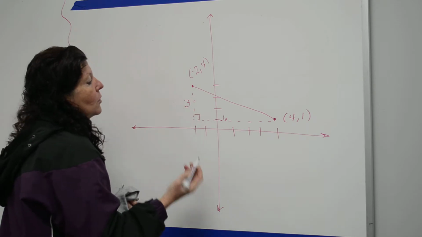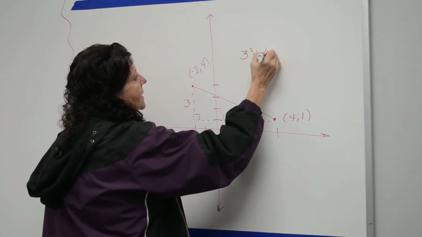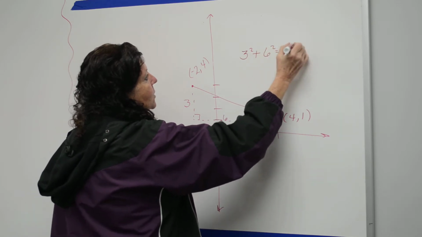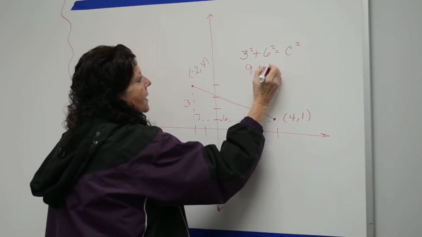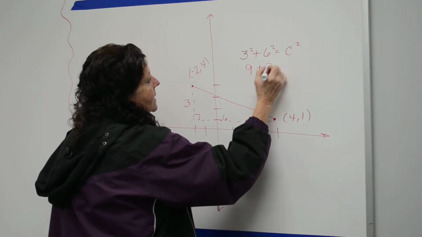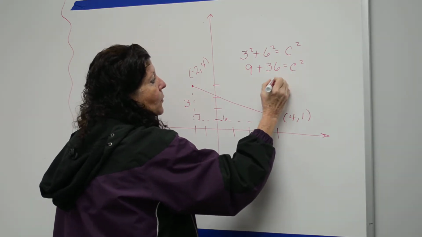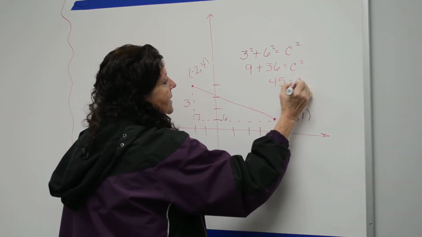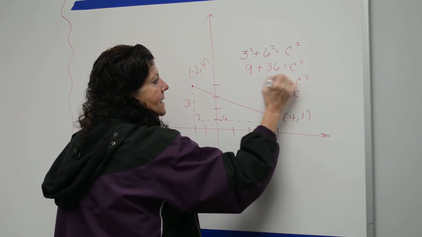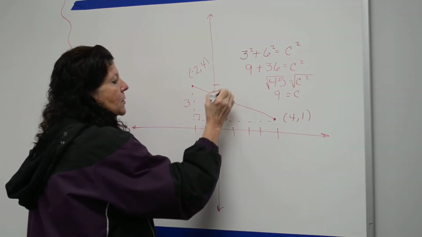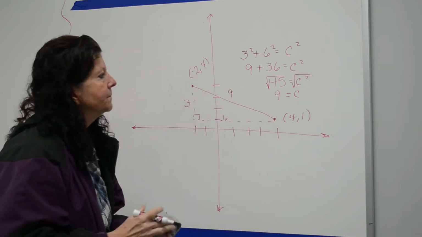So the Pythagorean theorem says 3 squared plus 6 squared is equal to c squared. So 9 plus 36 equals c squared, so 45 is equal to c squared. So c is going to equal 9 because I'm going to take the square root of both sides. So I would know the distance between those 2 points is 9.